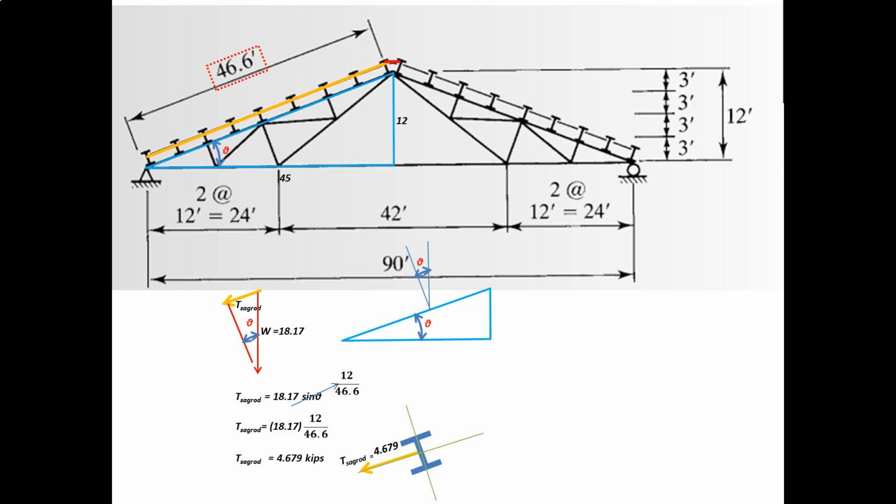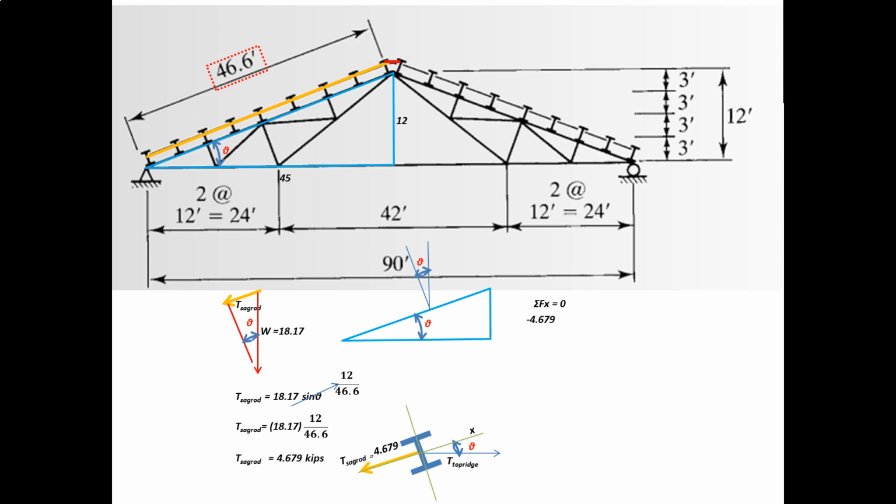Now the horizontal component, considering that we are getting the force on the top ridge, we label that as T top ridge. Of course, we know that this is also theta. So if this will be my x-axis, we'll just perform this equilibrium equation, summation of forces in x is equal to 0.